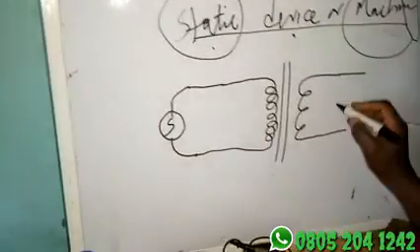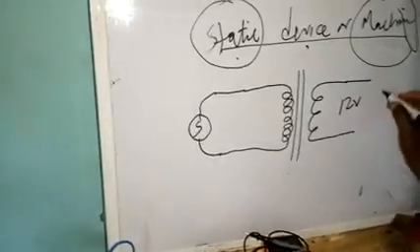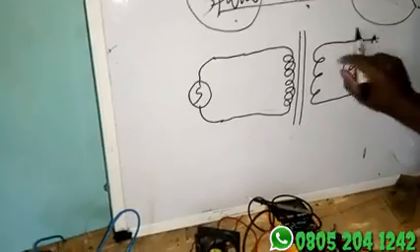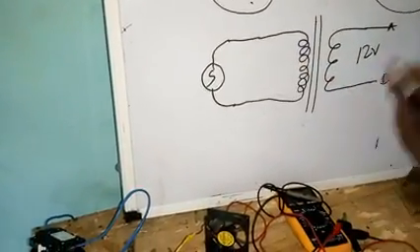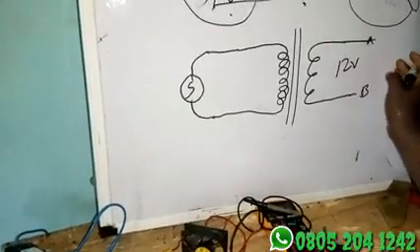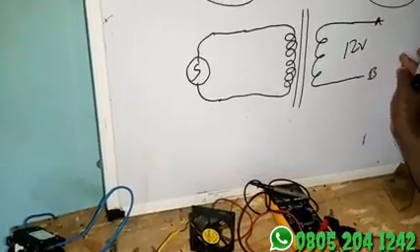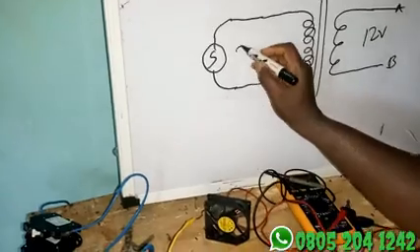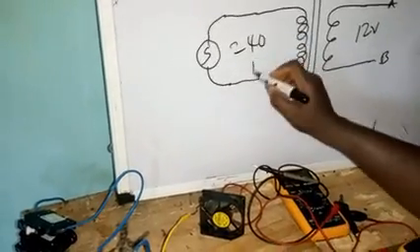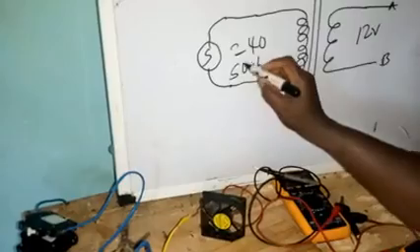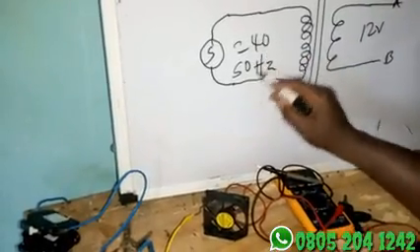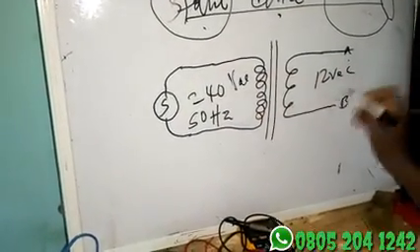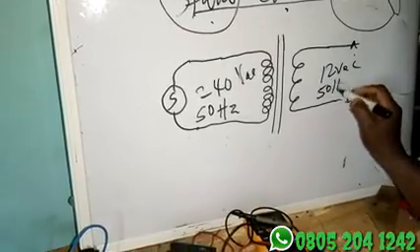Maybe this one is a 12 volts transformer. Anode A, anode B. This line we can pick an anode. You can call this a 2 anode transformer, a step down transformer, because it steps down from 240 volts at 50 Hz frequency to 12 volts at the same frequency.